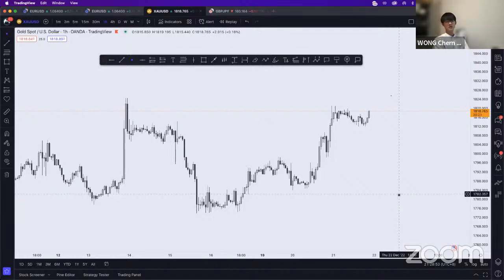Me and Chen here, we are both users of smart money concepts, and we use it to enter on price action without the use of any technical indicators. So that does not affect any of our market theses and trade ideas. We use pure price action to determine the direction of trade.